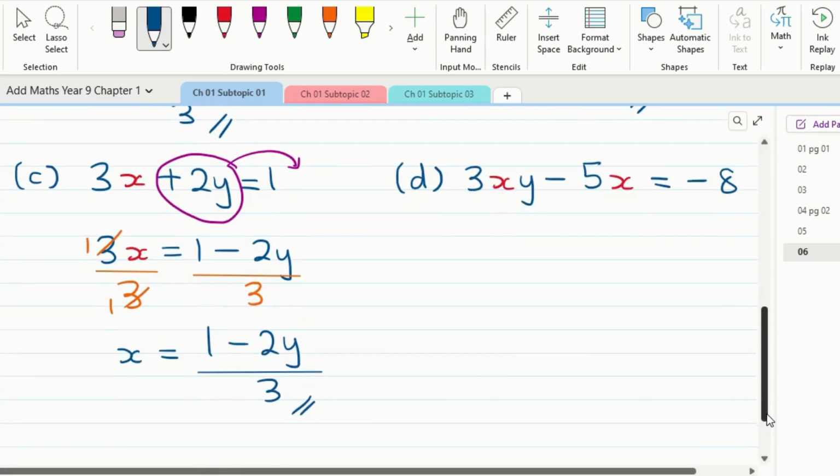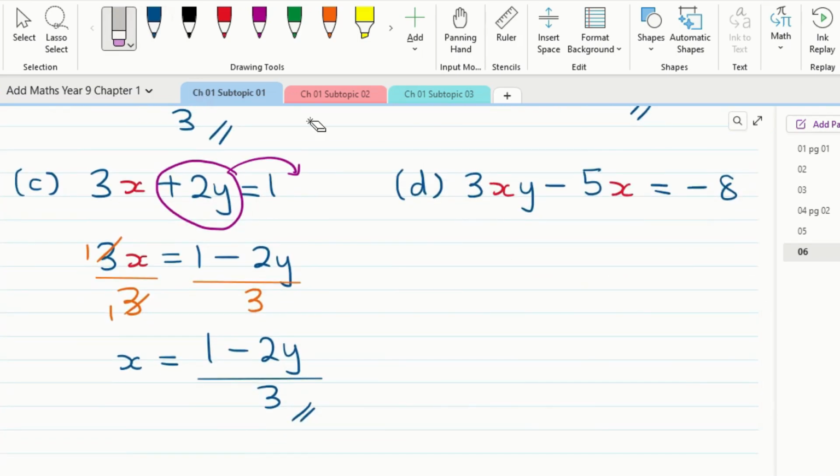Alright, now, because you have two terms that contain x on one side, how do you make it into a single term? So what we can do is to apply factorization.